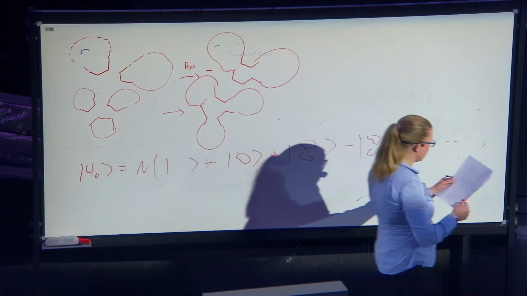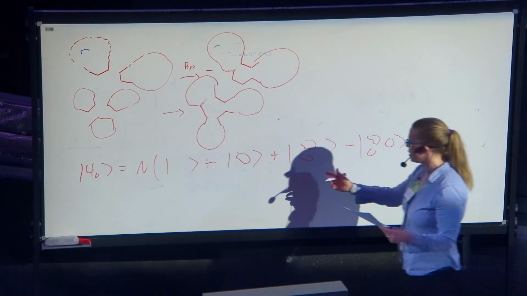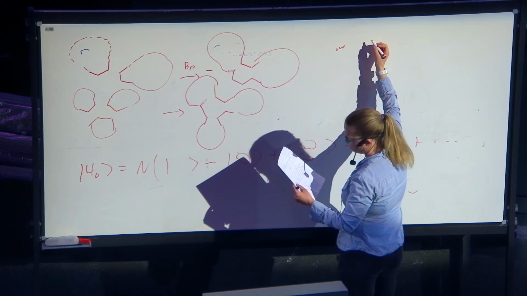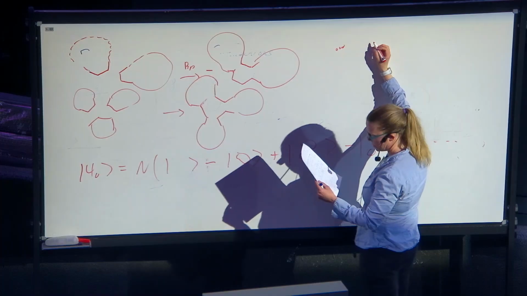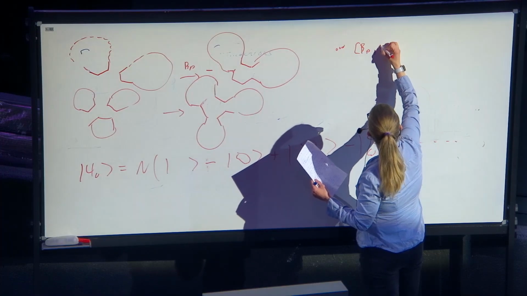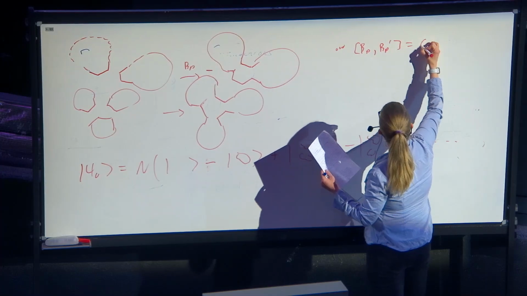Now, an aside on what I'm doing here, which I should have written out explicitly earlier: you can check that BP commutes with all of the other plaquettes.